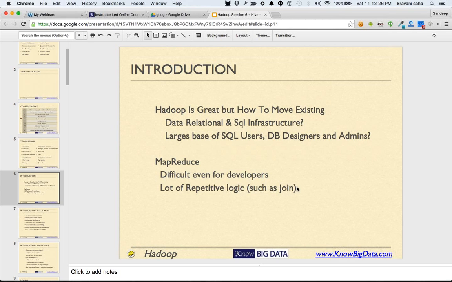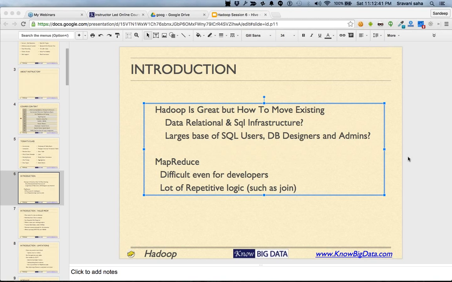Specifically, if you are from a SQL background, you will find Hive really useful. You don't have to worry about doing something in SQL or Pig or MapReduce. You can get most of the stuff done using Hive.